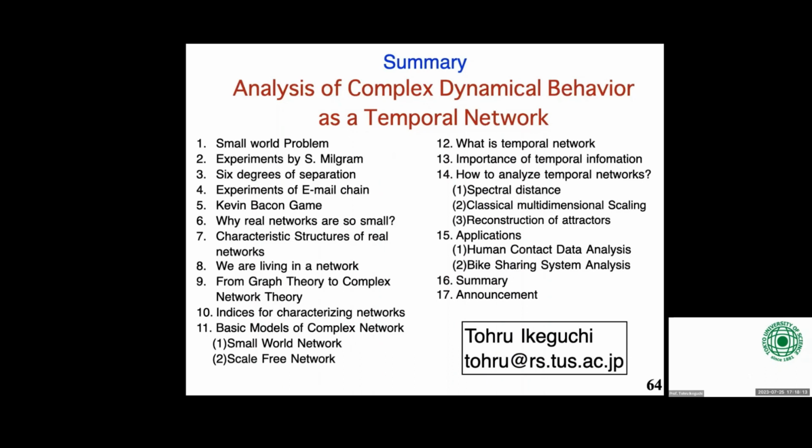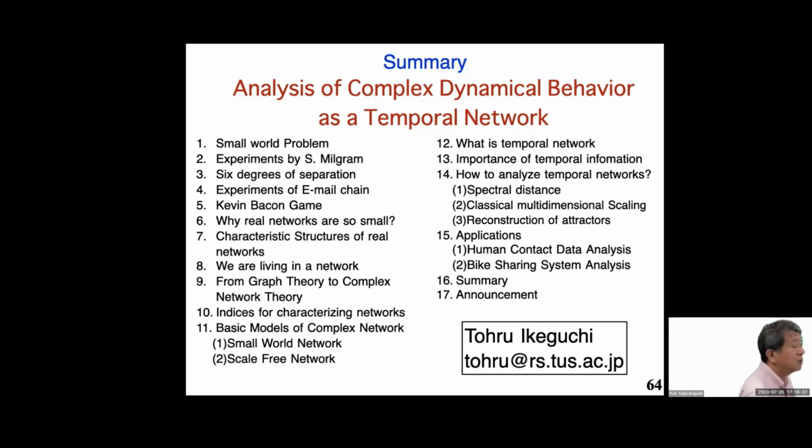Okay, I'd like to summarize today's talk. First, I introduced the non-temporal, static network and its analysis as a fundamental part of today's main talk on the analysis of temporal networks. After that, we moved on to how to analyze temporal networks. We started with what temporal networks are and the importance of temporal information.